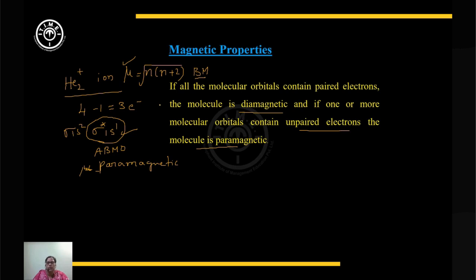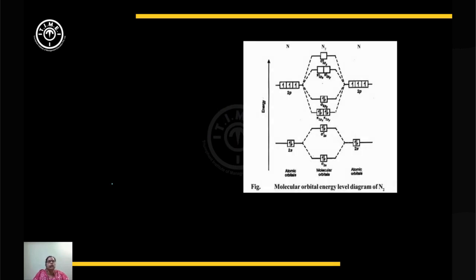Let us see the molecular orbital energy level diagram for the nitrogen molecule. Here the nitrogen molecule is made up of two atoms. Nitrogen configuration is 1s2, 2s2, 2px1, 2py1 and 2pz1. The second nitrogen atom is written the same way.